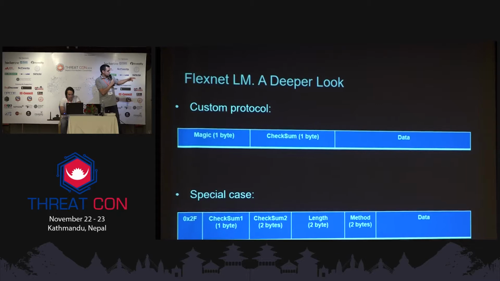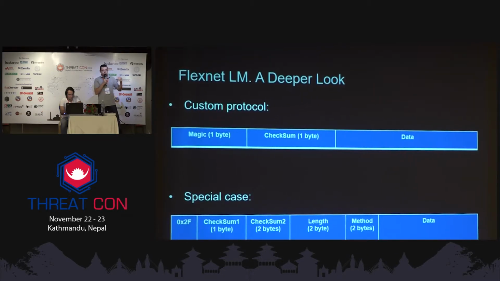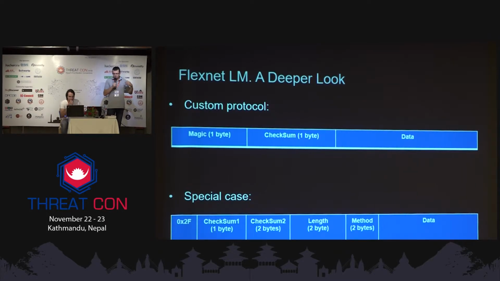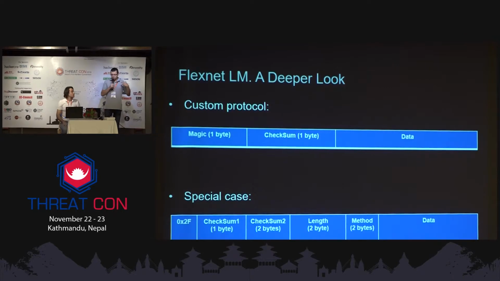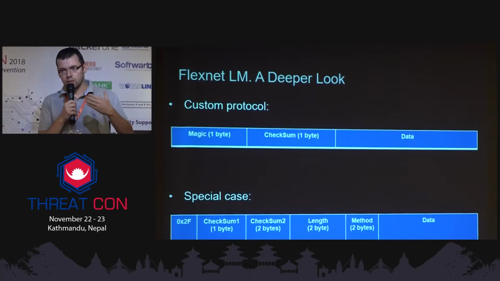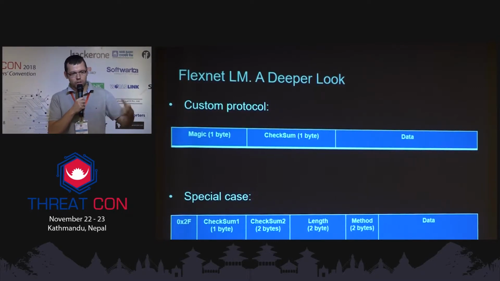The second byte of the protocol is a checksum. The checksum is for the control of stability. If we want to fuzz the application, we can't send trash data.